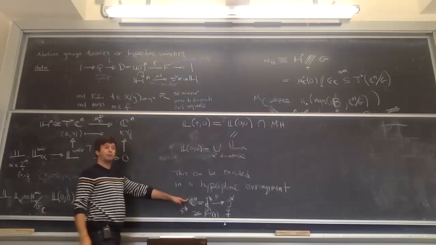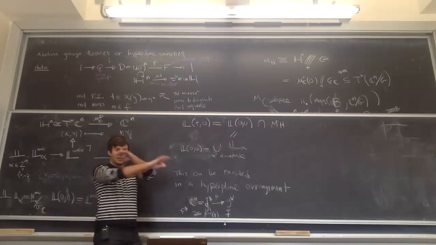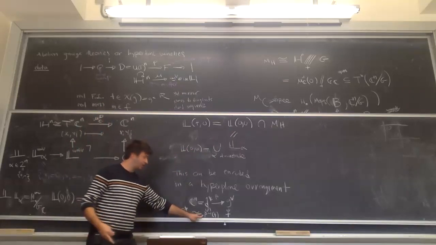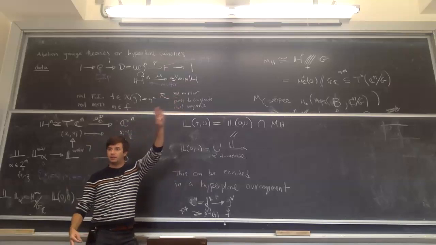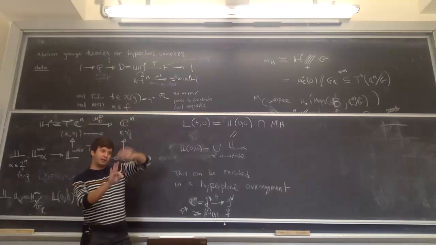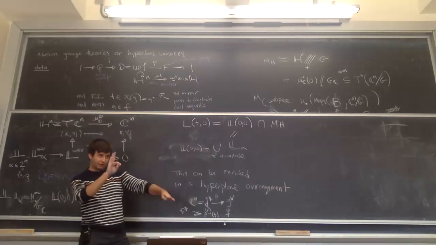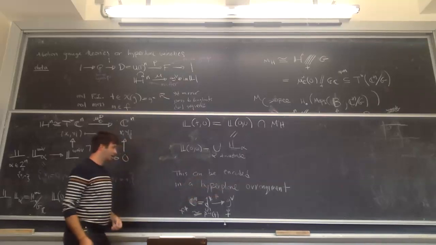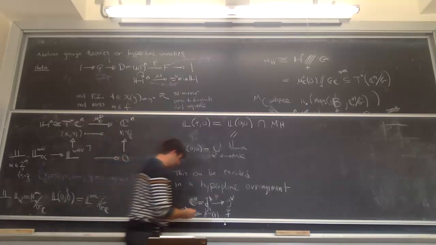You have the coordinate hyperplanes in Cn. And then this thing is just some affine hyperplane living inside of Cn. Now you can intersect your coordinate hyperplanes with this other hyperplane, and that'll give you a hyperplane in F. And that is the hyperplane arrangement I want to define.